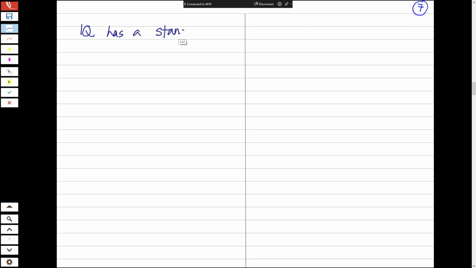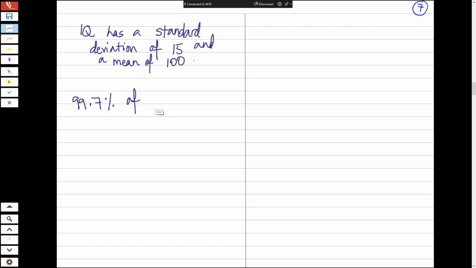IQ is a very old and outdated way of measuring intelligence. So let's go with 99.7% of people have an IQ between blah and blah.